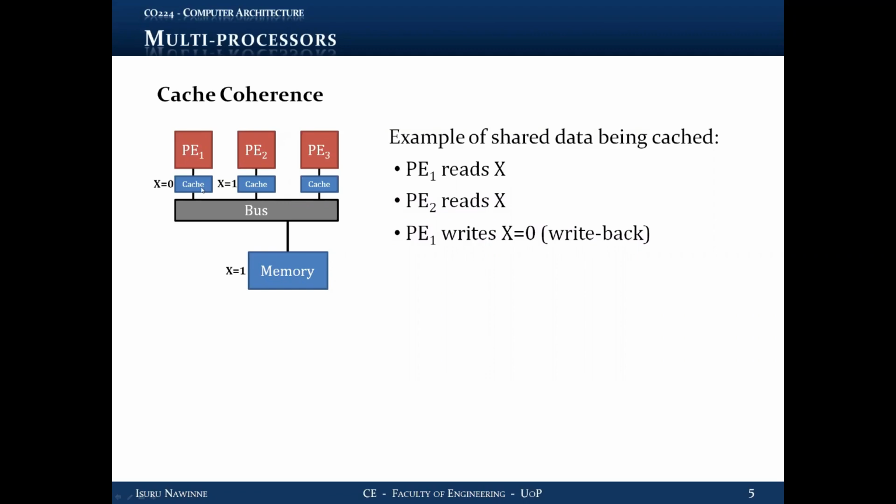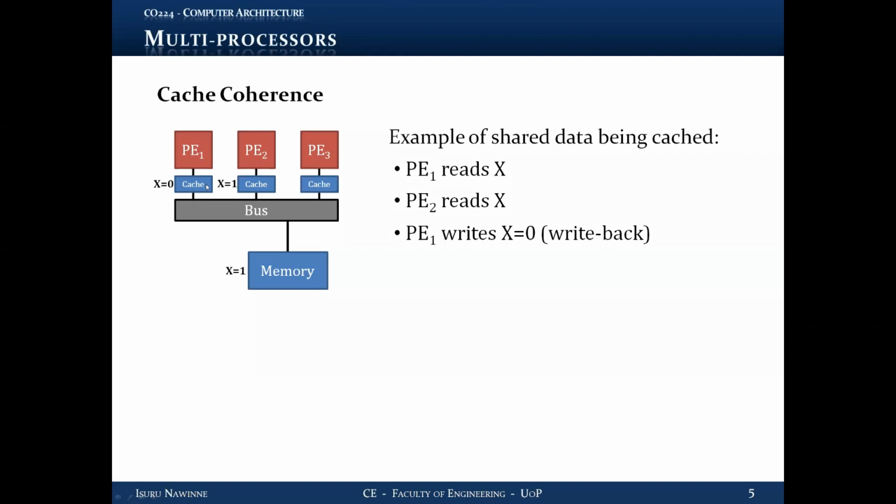Other cache controllers listening to the snoop bus will see there is a snoop read access coming. Processing element 3 will see, okay, I don't have that block in my cache, so it will ignore that read request.